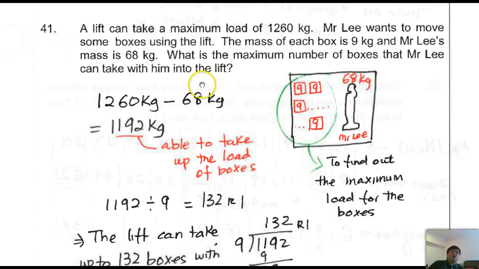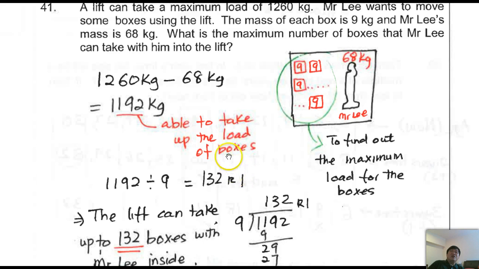Right, first of all, we need to take away Mr. Lee's weight. It means the capacity, how heavy the lift can take, minus Mr. Lee's weight, so it is 1260 take away 68, which gives this. Now what is this? 1192 is the remaining weight that the lift can take for the load of boxes.